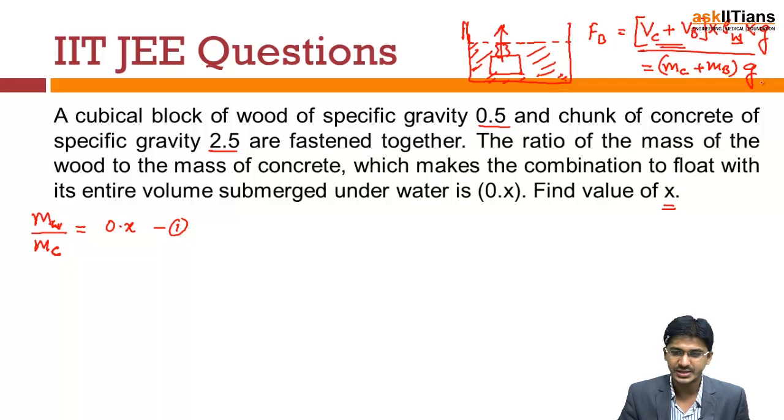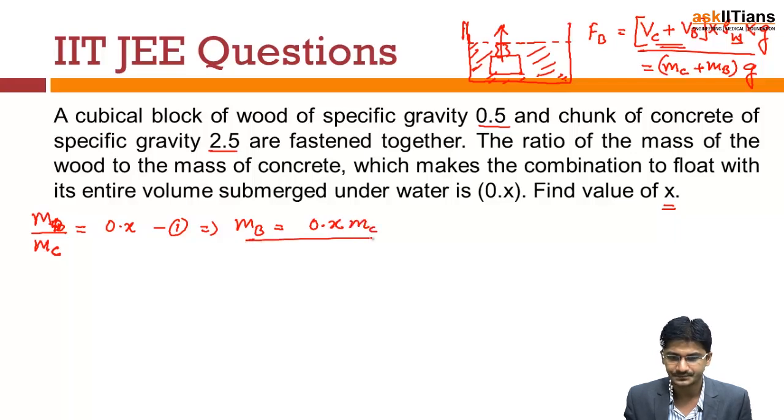Now we have the mass of the block and the mass of the concrete. Now this is the equation that you have. From this you will get that the mass of the block is 0.x times the mass of the concrete.